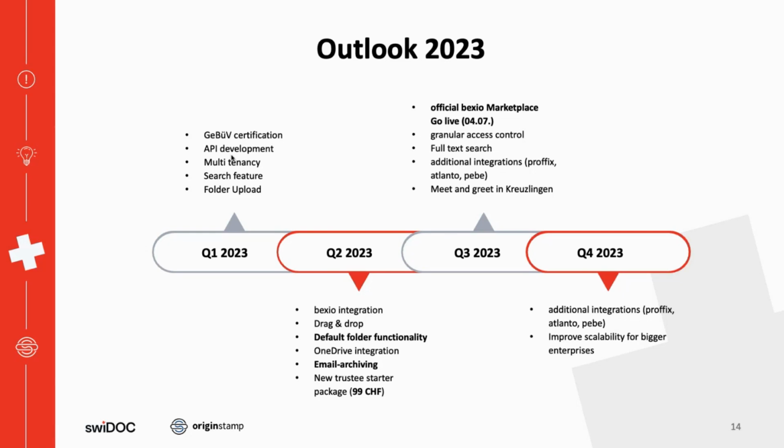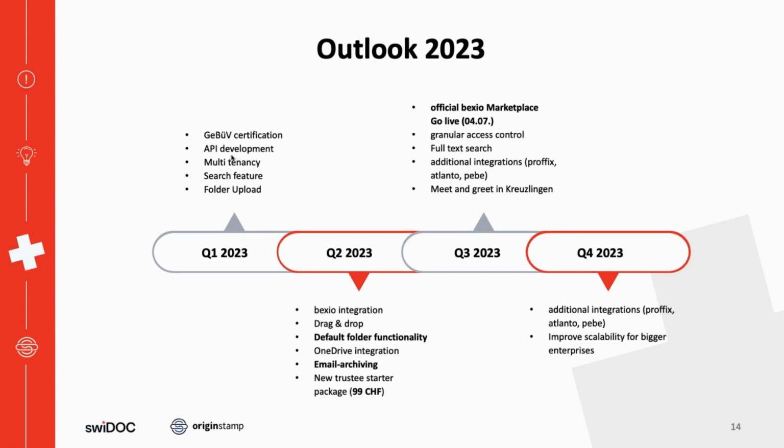Currently we're working on an email archiving tool, so that you can configure an email address where you just forward specific emails that you receive, and these emails are then automatically archived with the correct archive duration. Also in Q2, we released a new package for trustees, the starter package for 99 francs, which was not available before.